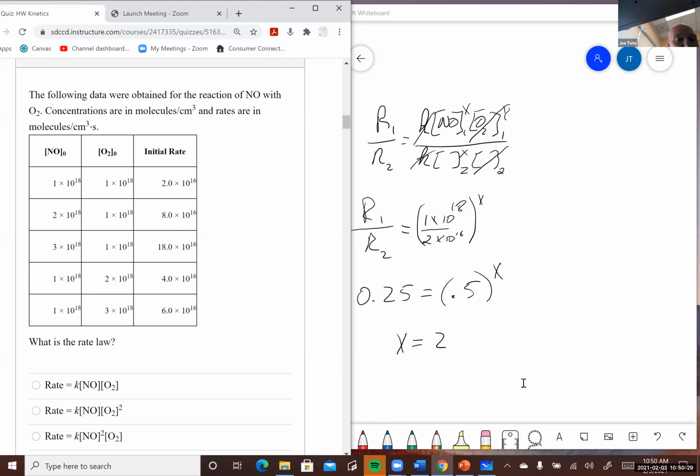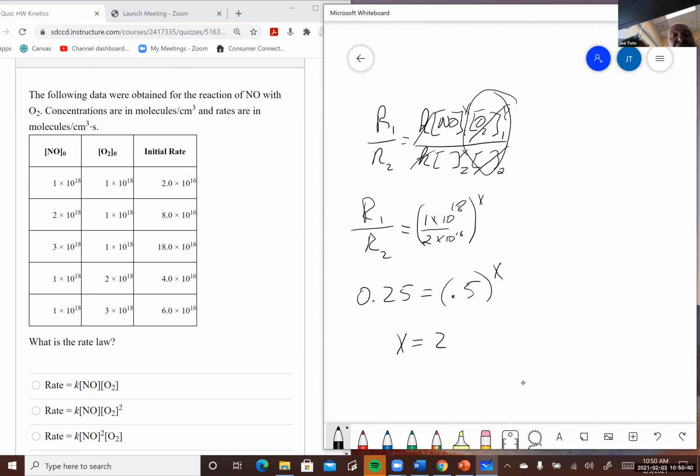It changes from 2 to 3. And for NO, it doesn't change. So NO would drop out like O2 did here, and that's what you want. You want to get rid of the effect of anything but the one that you're trying to determine the order of. And so, you can look at those last two, 4 and 5, right?